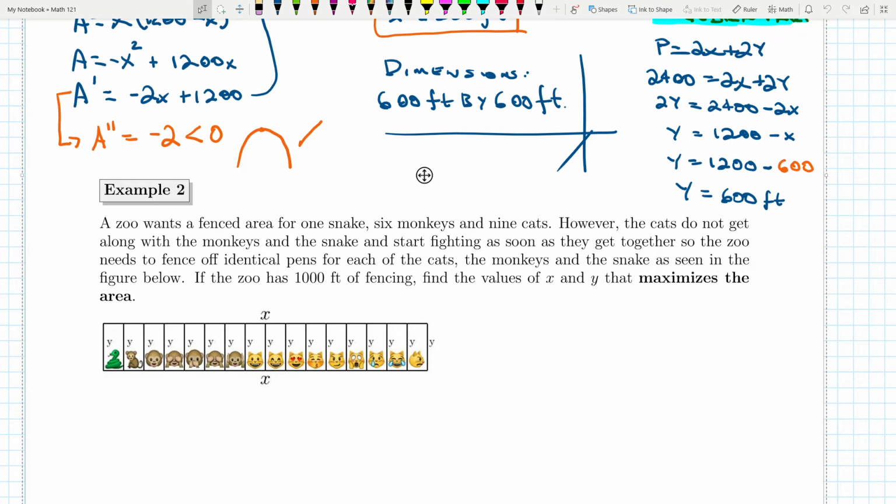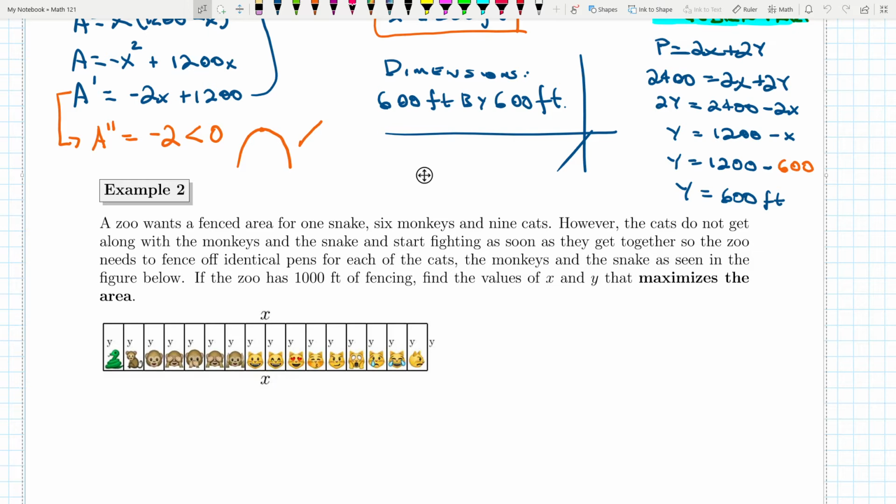However, these animals do not get along and they start fighting, so they need to be fenced individually so they don't fight amongst themselves. But of course, the zoo wants to be fair with all the animals and give them equal areas that are also the maximum area.